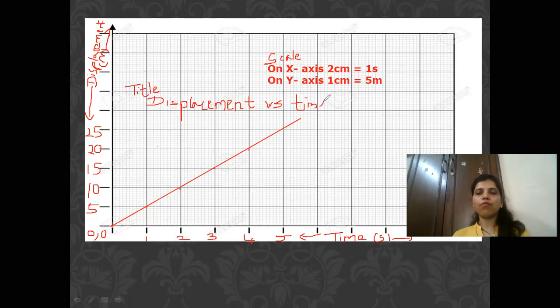So this is how your graph will look. So I hope, children, till here it's clear.